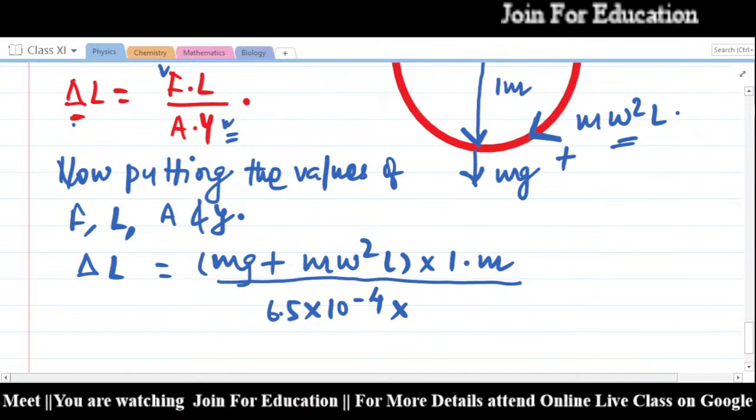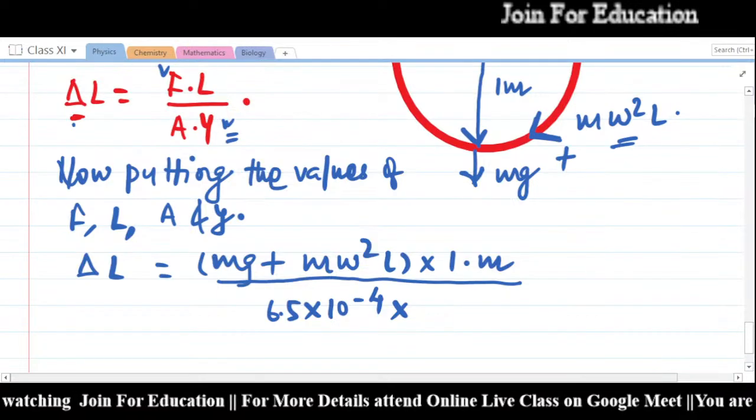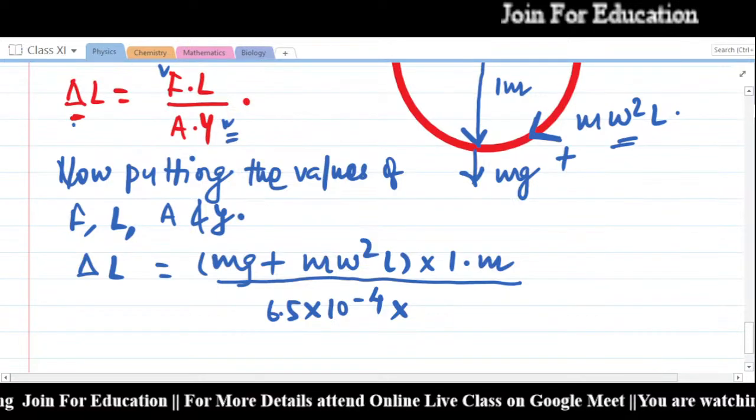So let's see where is the table. Young modulus of the steel wire.